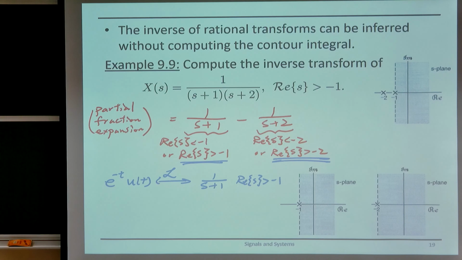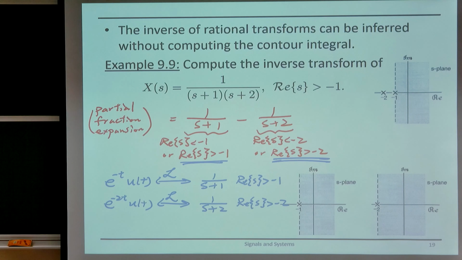So similarly for the second term, if you know that the Laplace transform is 1 over s plus 2 with region of convergence greater than minus 2, then you know that this should correspond to a time domain signal that is e to the minus 2t u of t.